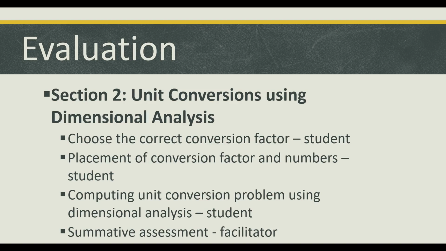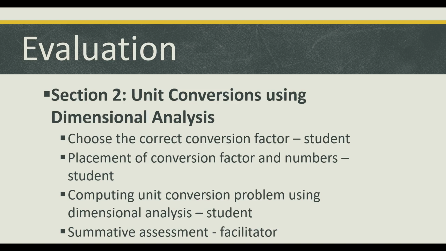In Section 2, students will be evaluated in various ways. They will have to choose the correct conversion factor when completing a dimensional analysis problem. They'll have to place the conversion factor and the numbers in the correct place, and they will also have to correctly compute the answer to the unit conversion problem using dimensional analysis. All three of these things can be checked by the student through the module.